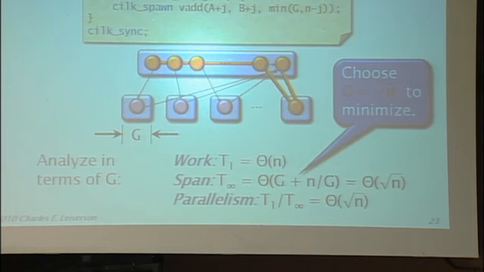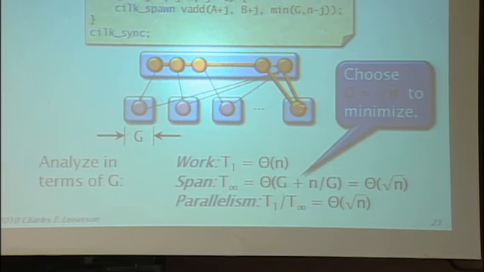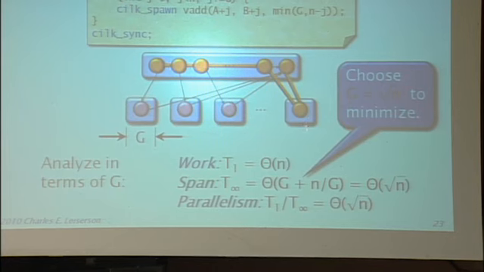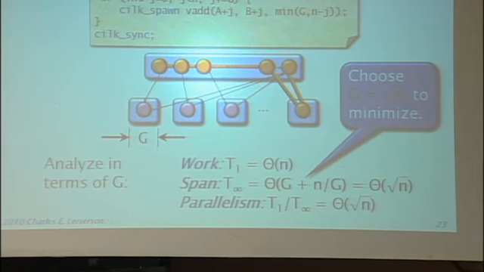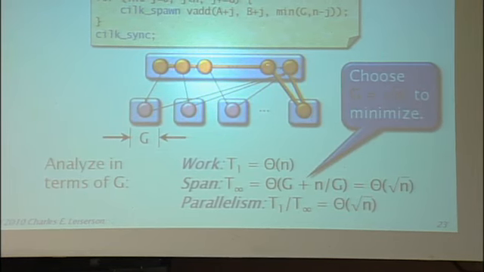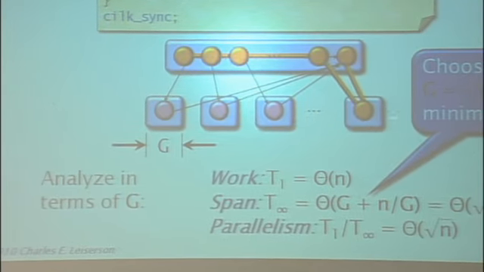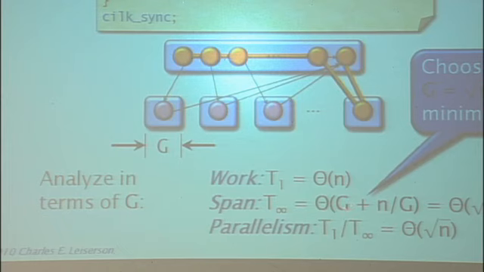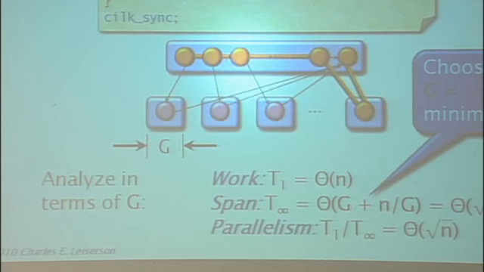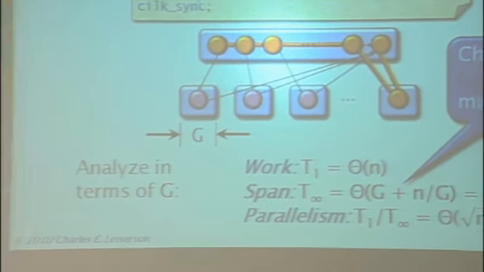So I'm doing N over G pieces here plus G iterations in my leaf. Is that clear? So the N over G is this part. This size here is not 1. This has G iterations in it. So the total span is G plus N over G. Good. Any other questions about this?